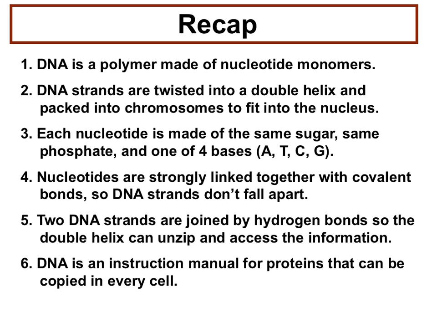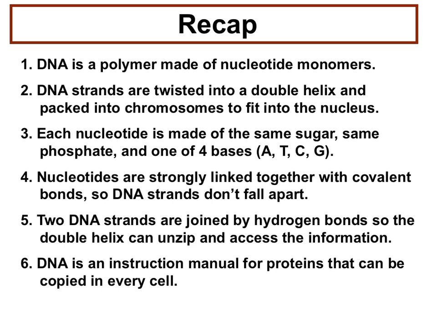So this was a big but important introduction to what DNA is all about. So let's recap some of the major points. First, DNA is a polymer made up of nucleotide monomer pieces. In order to fit into a nucleus, the DNA strands are first twisted into a double helix to make them a little more compact, and then compacted even more into chromosomes so that you can get 6 feet of DNA into a teeny tiny nucleus.